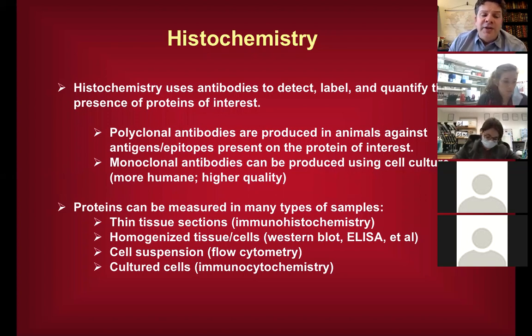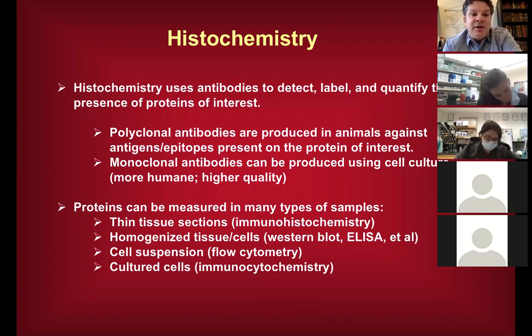So one thing you want to be able to do is detect proteins, right? And so what's called histochemistry uses antibodies against a protein to detect or label or quantify the presence of proteins of interest. So we can be making polyclonal and monoclonal antibodies against something.